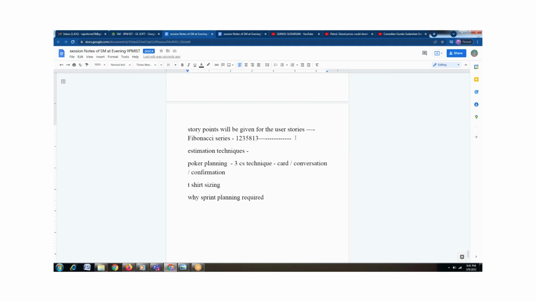So the same card is given to all the people, and there is a conversation going on. Assume there are 5 people. Out of 5, for example, 3 people have given the same number, and 2 people have given another number. Again the same card goes around with these people.